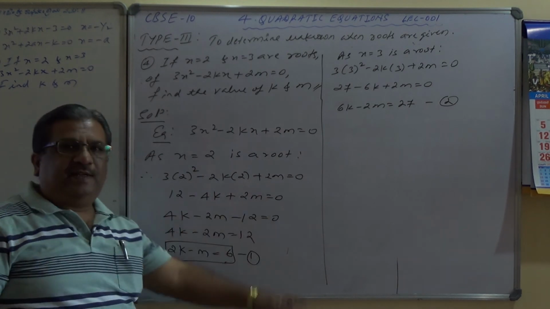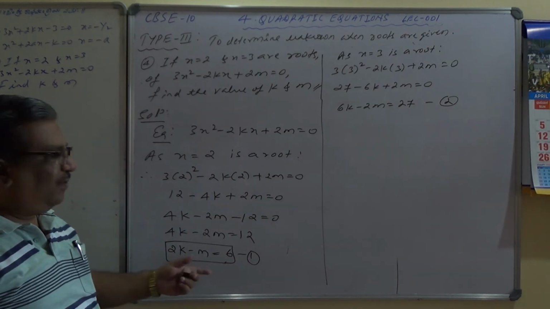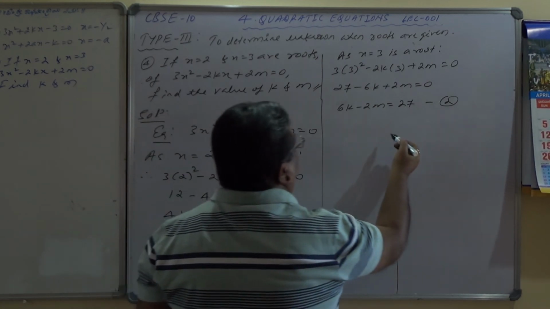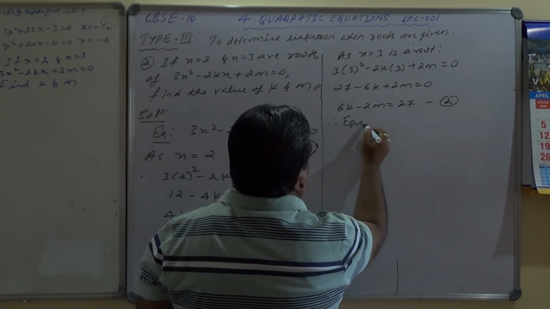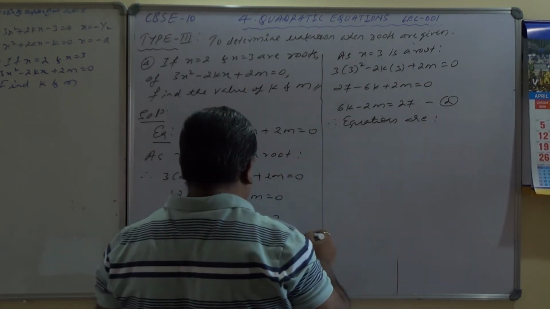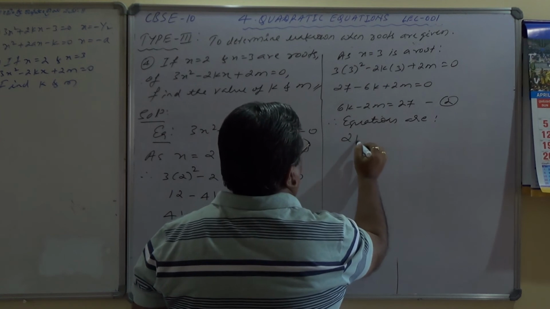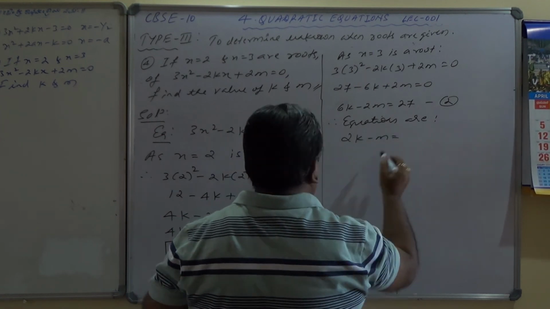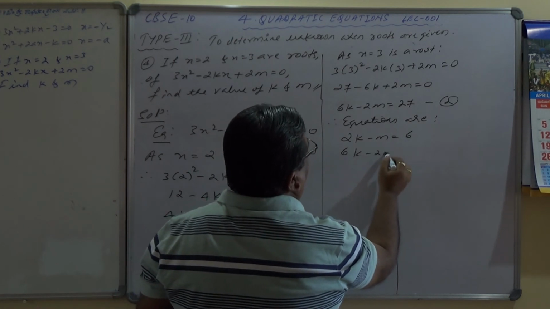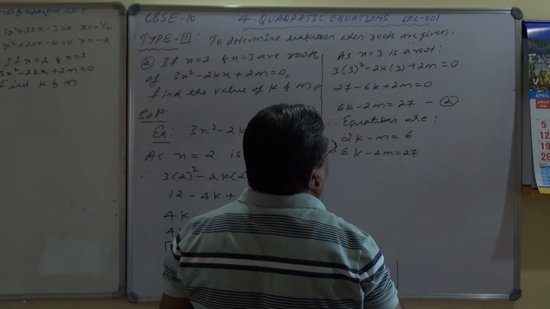These are two simultaneous equations or a pair of linear equations, and solve them. So let's see how to solve now. Equations are first one, 2k minus m equals 6 and 6k minus 2m equals 27.